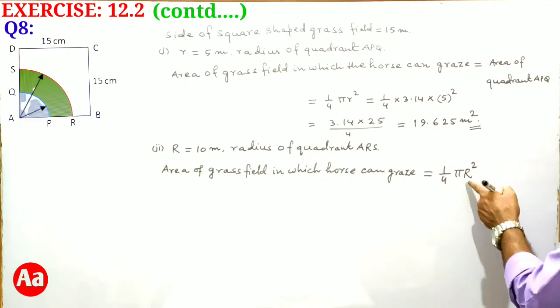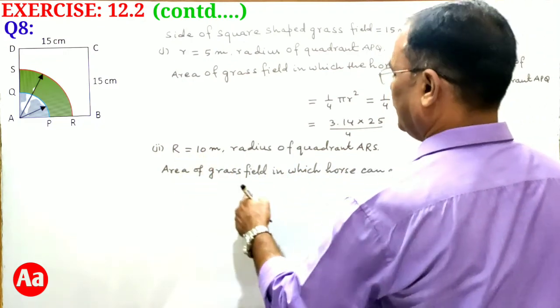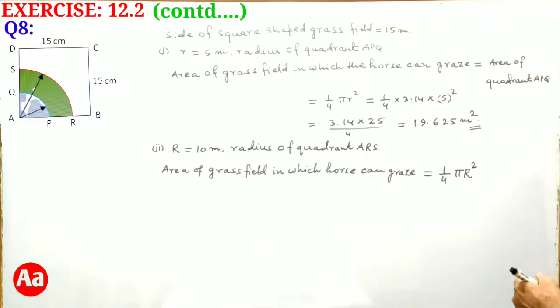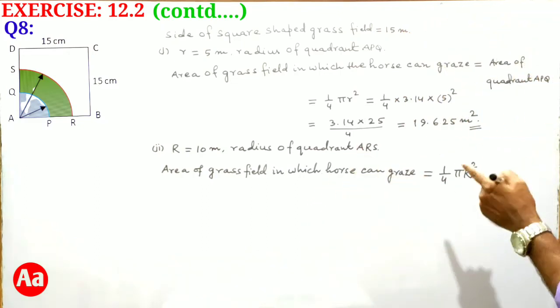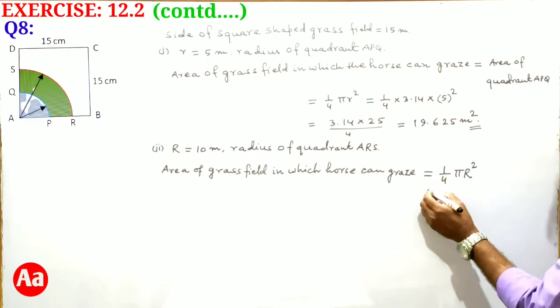This time we are using capital R for radius of quadrant ARS of a circle of radius 10 meter.